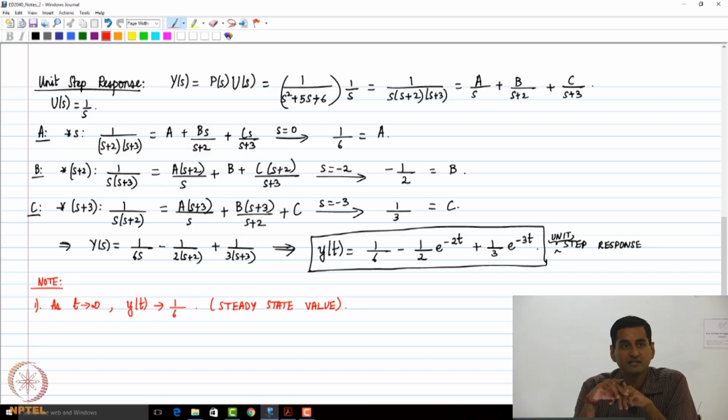We discussed this, I think, maybe in the first week or last week. We saw that the class of systems that we are considering are what are called linear time invariant, single input, single output, causal dynamic systems, right? Which we are going to characterize by what are called lumped parameter, spatially homogeneous, dynamic continuous time, deterministic models, which essentially take the form of linear ODEs with constant coefficients, right?